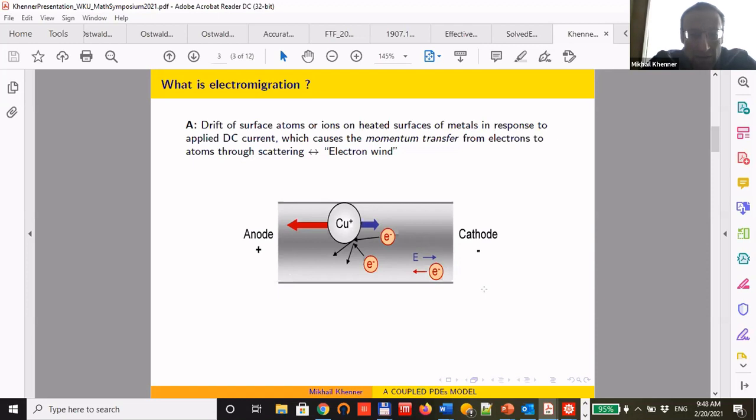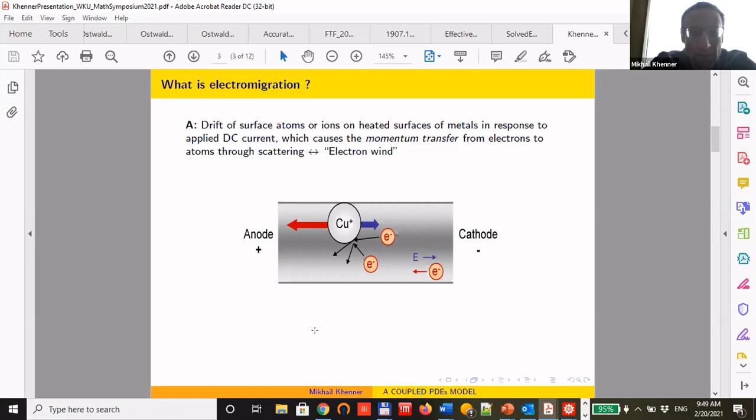When the electrons are moving through the conductor, they scatter on the atoms of the metal and transfer their momentum to the atoms. First off, the atoms become charged, they become ions. And second, the transfer of momentum pushes the ions to the right, towards the anode.